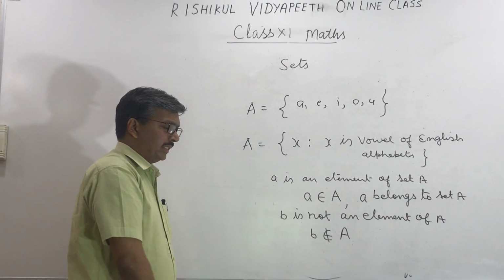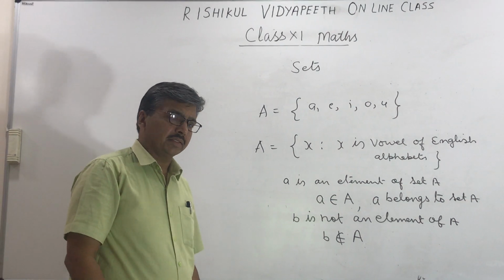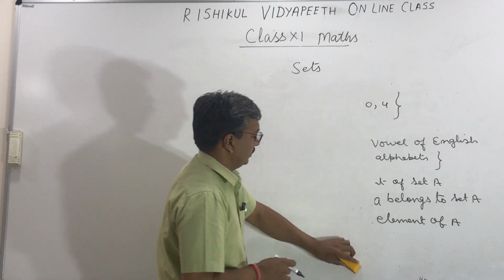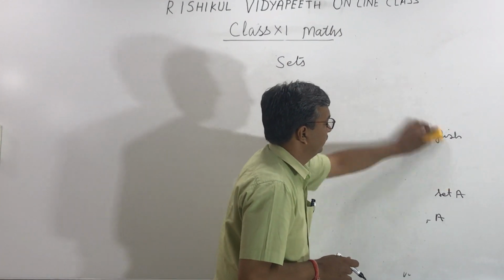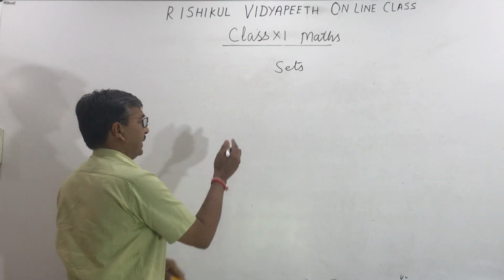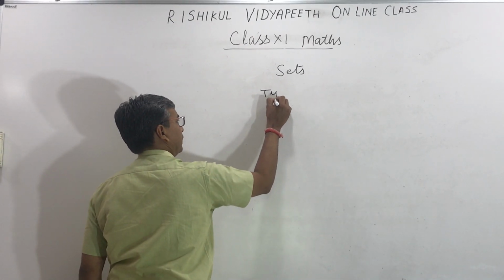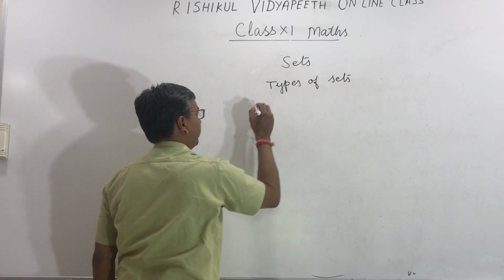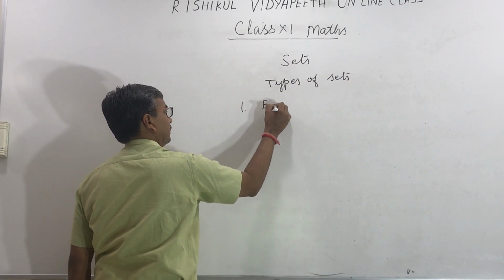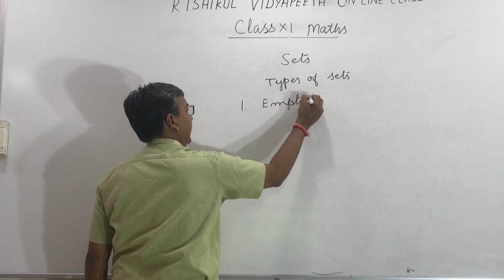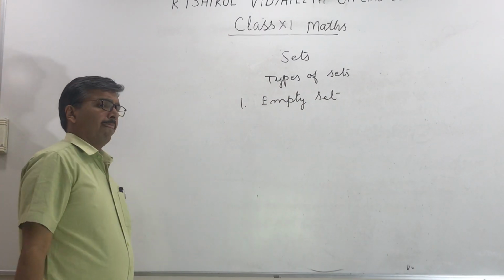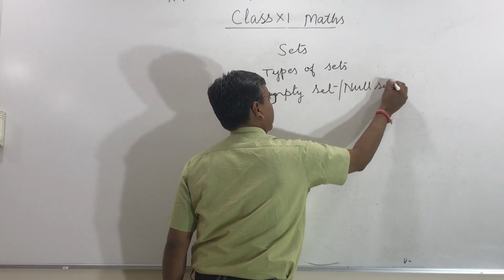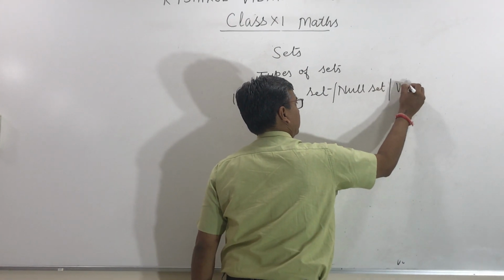Now next is types of sets. First, empty set or null set or void set.